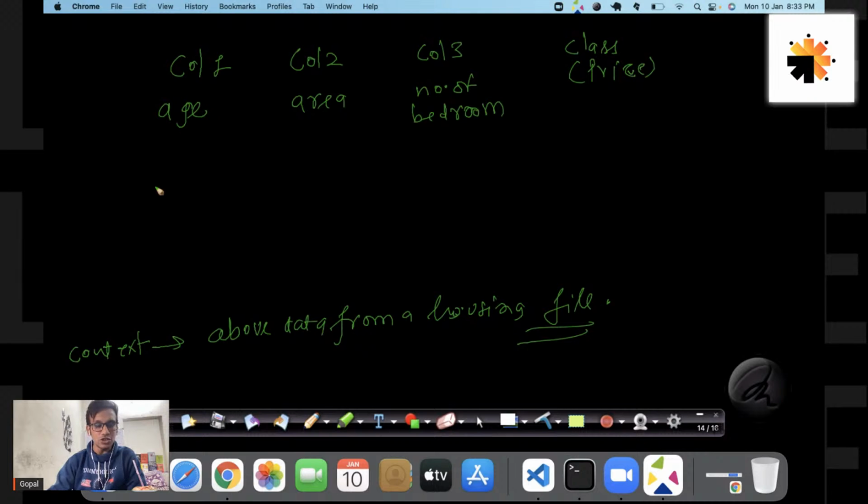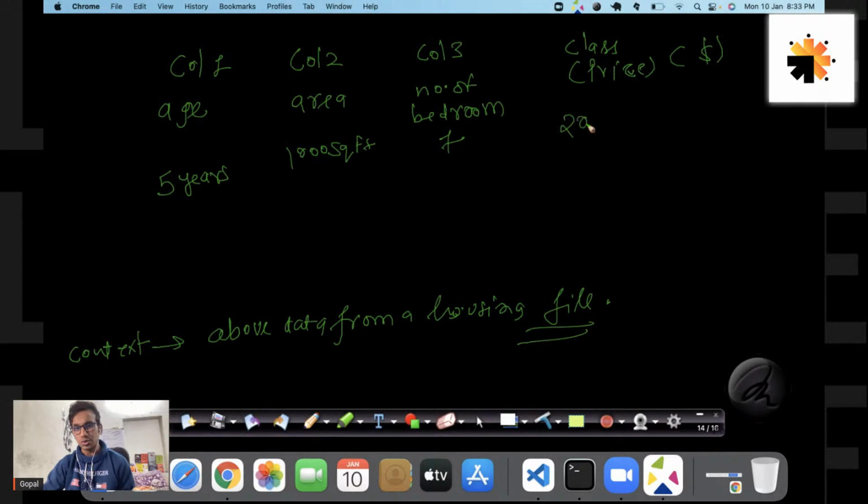Let's say the age of the house is around 5 years, area is around 1,000 square feet, and number of bedrooms, let's suppose, 7. And based on that, I am determining the price of this house could be 200K in dollars.